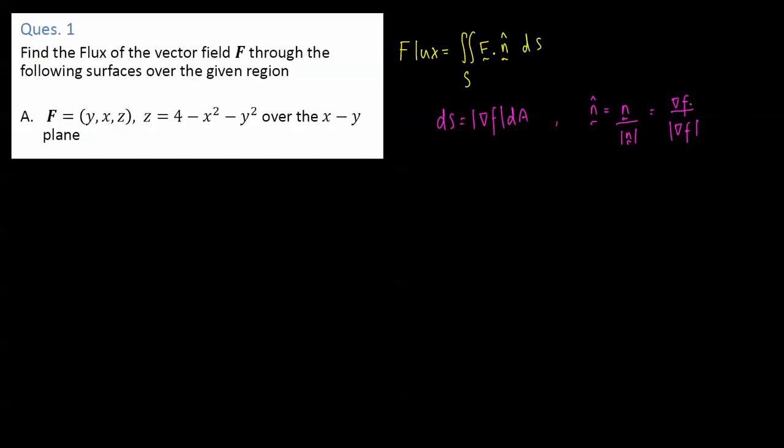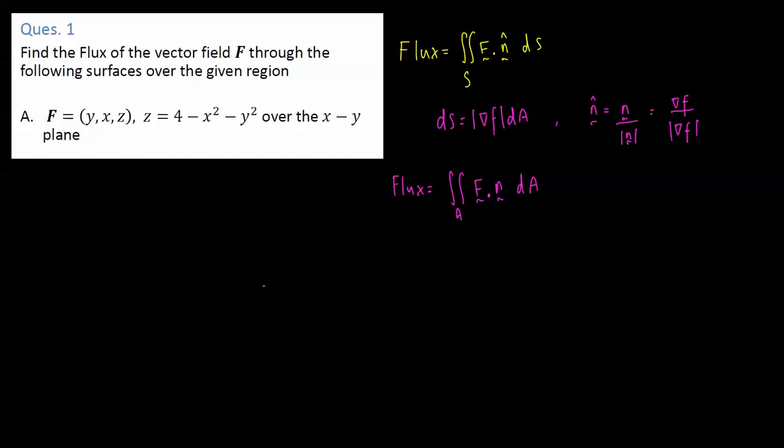So what happens is that this flux integral simplifies to be the integral over the area A on the xy plane of F dotted with the normal vector, not the unit normal, dA, because the modulus of grad F from the unit normal cancels with the grad F from the dS. So it's going to be just F dotted with N dA.